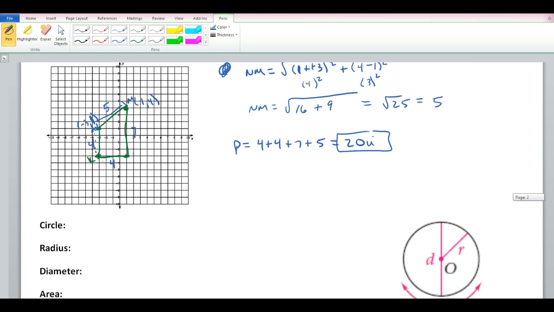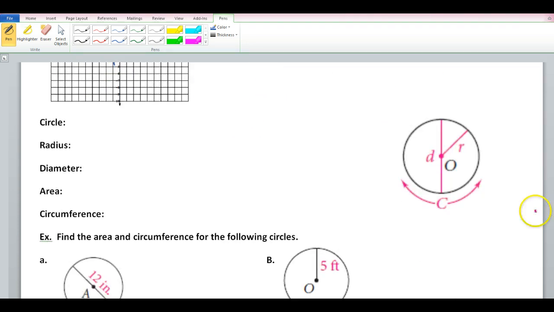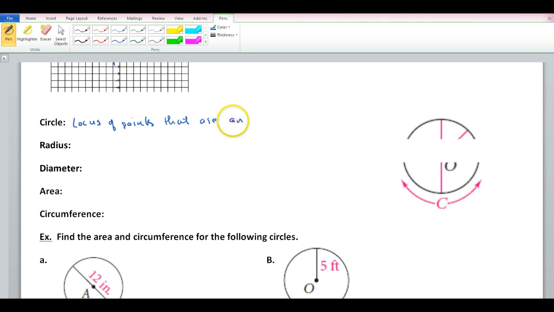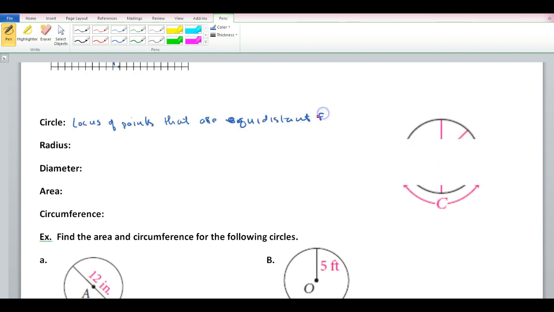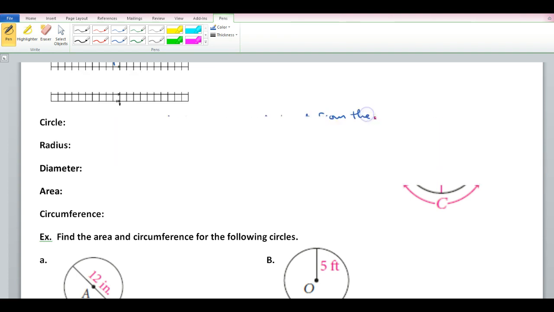Okay, now circles. When we look at a circle, a circle is a locus of points that are equidistant from the center.